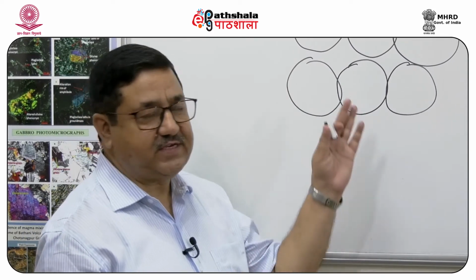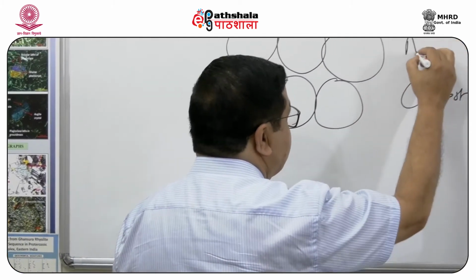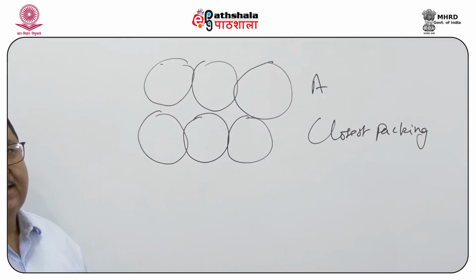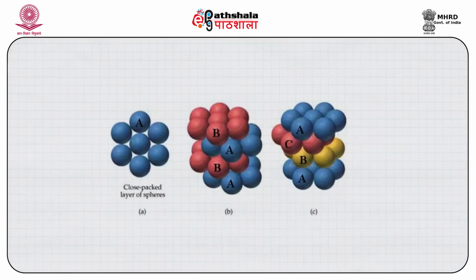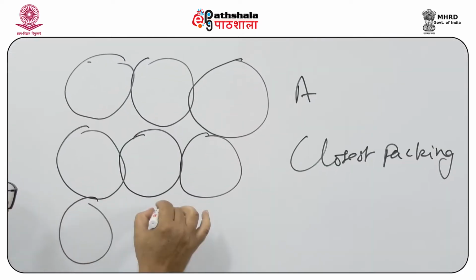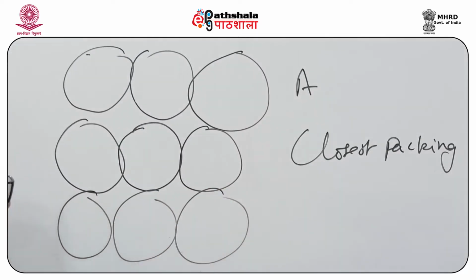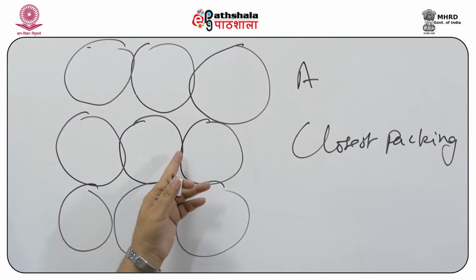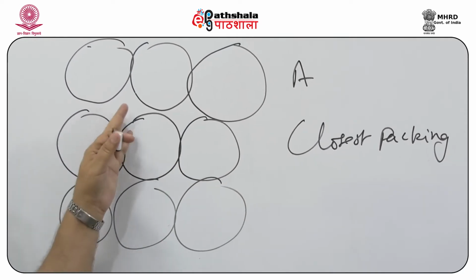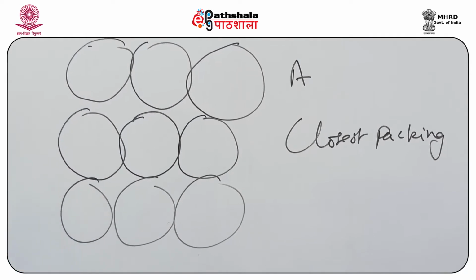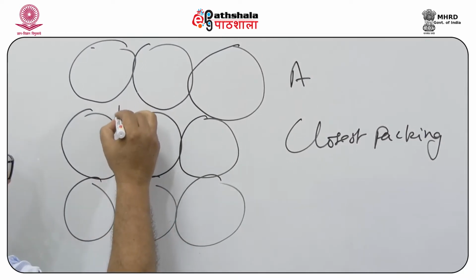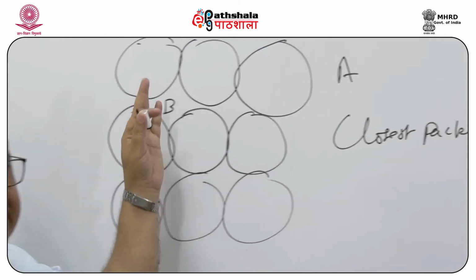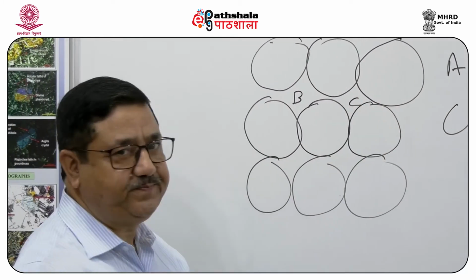So, supposing we label this layer as A layer, the spaces available are of two types. As you can see, they are more or less triangular spaces. Some of the triangular spaces point downward and some have apices upward. So, we can consider them as the spaces designated B and C.